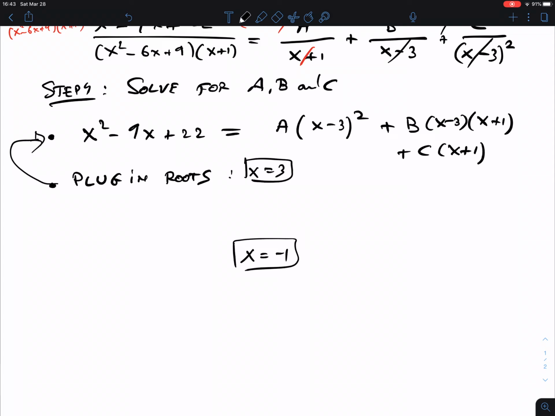Okay, so plug in, we get 9 minus 27 plus 22, that's on the left. And now on the right, I plug in 3, but notice that by plugging in 3, if I plug in 3 here, this will be 0, and if I plug in 3, this will be 0. So there's only one term left.